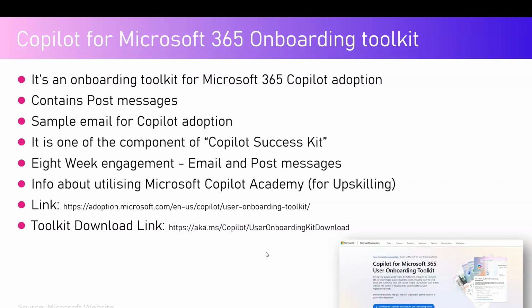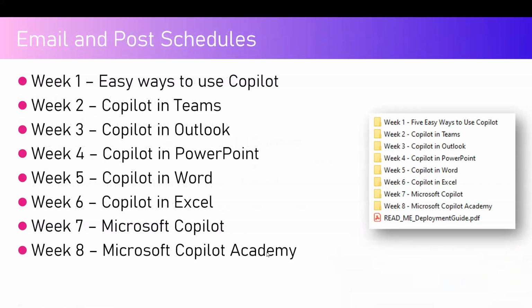But what does this toolkit contain? Now, it contains basically 8 weeks' worth of information. It is classified into week 1 to 8. Week 1 is all about working on easy ways to use Copilot, first understanding what Copilot is and then working on the easy ways to use Copilot.